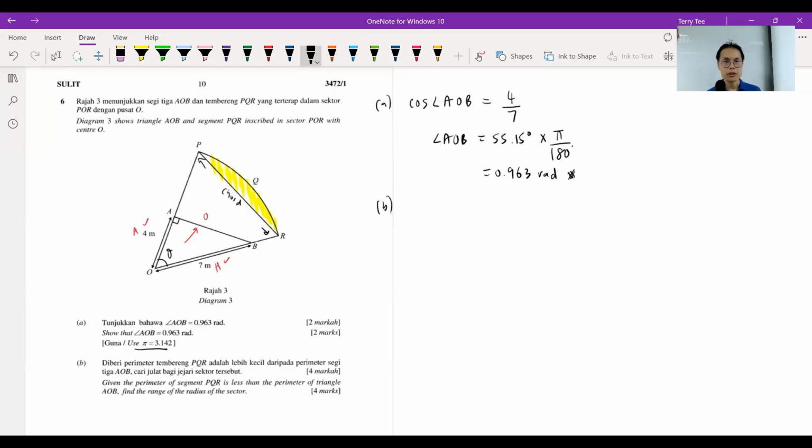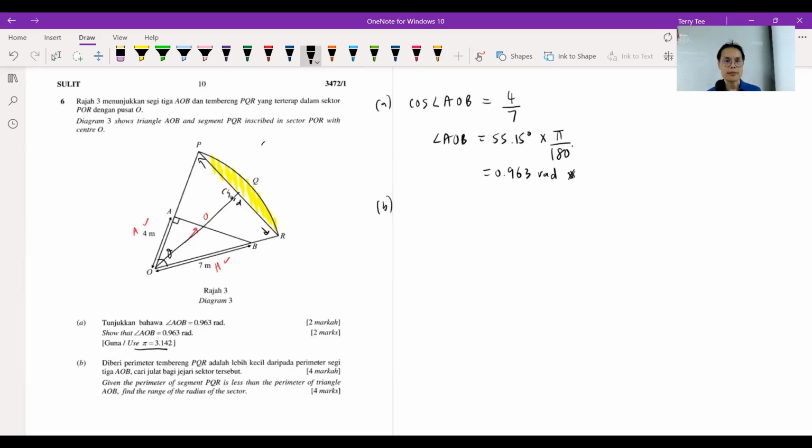This chord here, we can just take PR as 2R sine theta over 2. Now, for those who don't know about this, let me just show you from scratch. We can slice this into half.